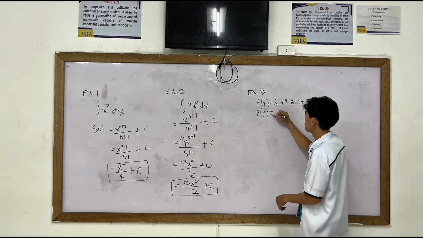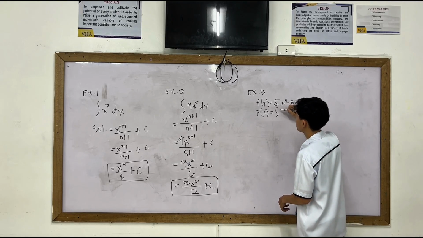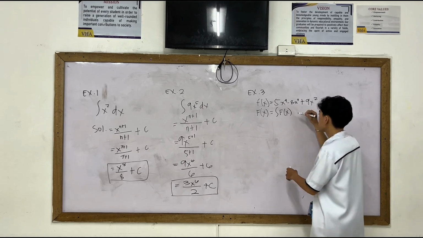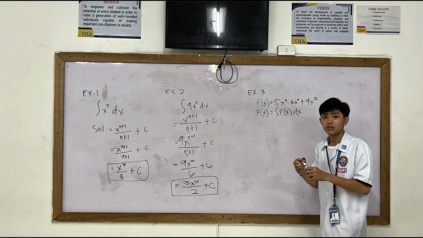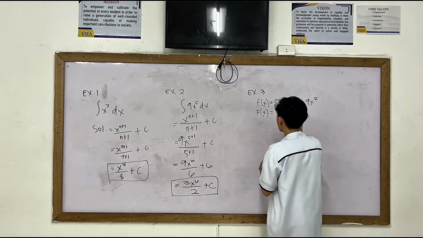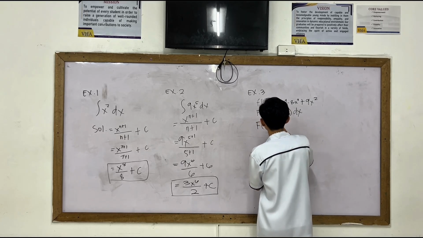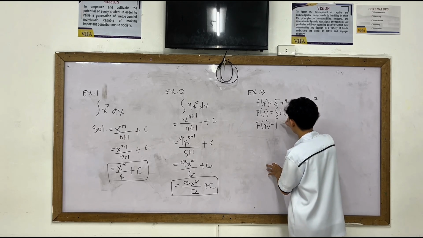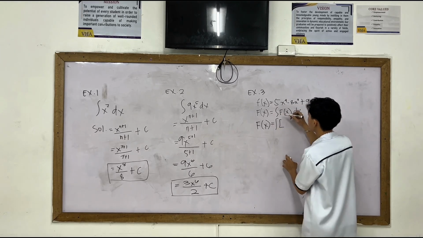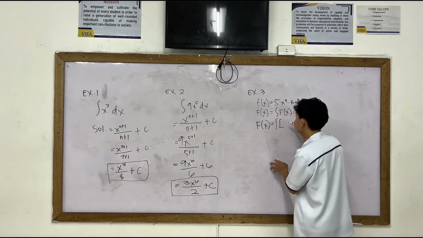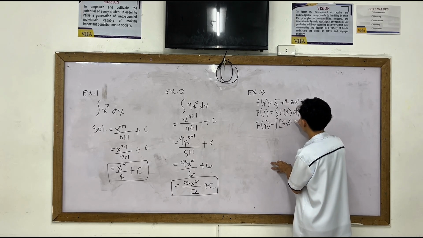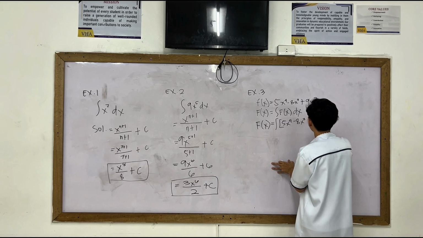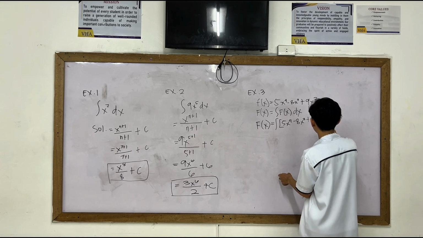We have here the function integral of f of x, capital F of x dx. So now we have to substitute f of x is equal to the integral of 5x raised to 4 minus 8x cubed plus 9x squared.